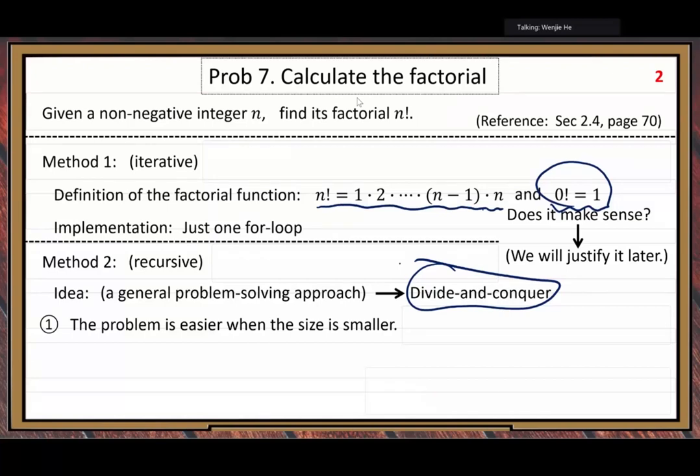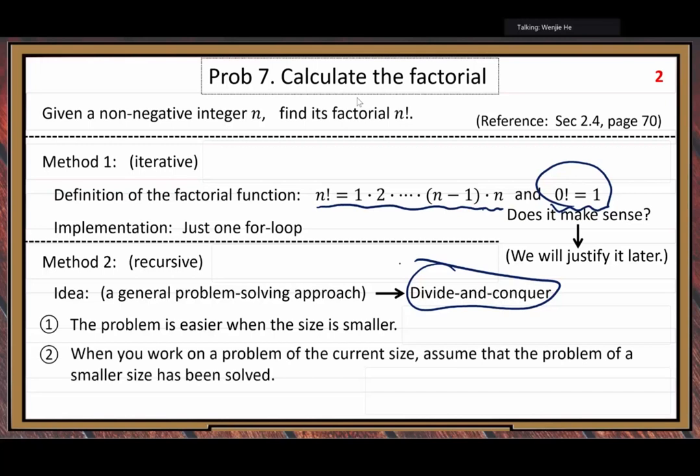That's the general consideration. By divide and conquer, the original problem, the size is too large. So let's divide it into several subproblems. Each subproblem has a smaller problem size, so we can conquer it relatively easier. So here we take this approach.